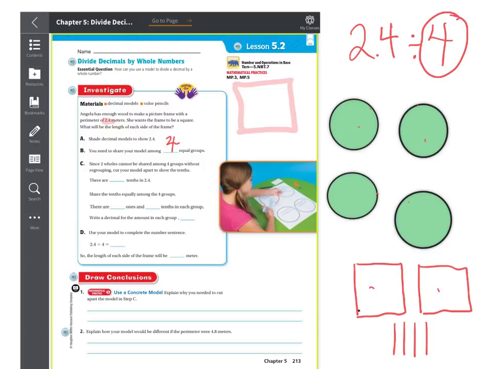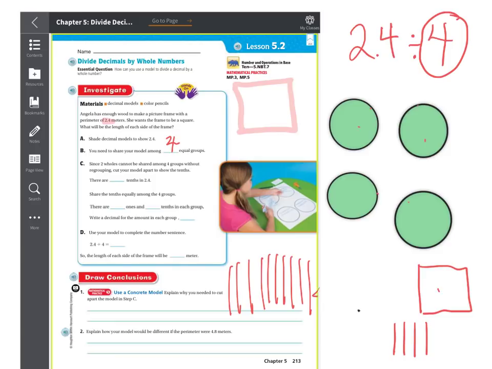So since 2 wholes cannot be shared among 4 groups without regrouping, we're going to cut the model apart to show tenths. So I would take this, if I was going to cut it apart, and I would turn it into tenths. 1, 2, 3, 4, 5, 6, 7, 8, 9, 10. So now I'm going to erase that because that's gone now.